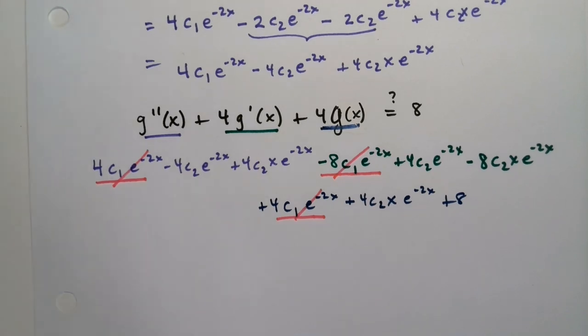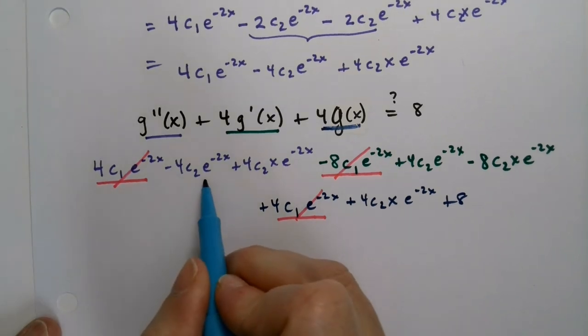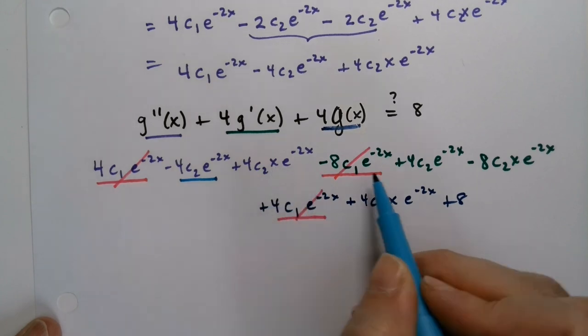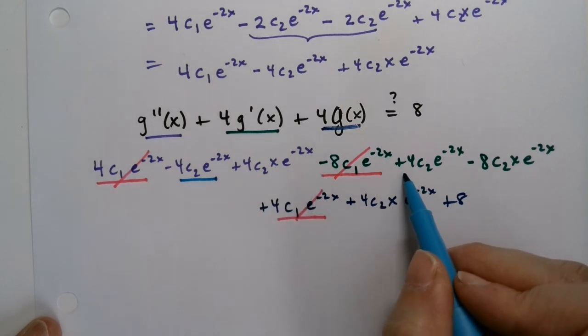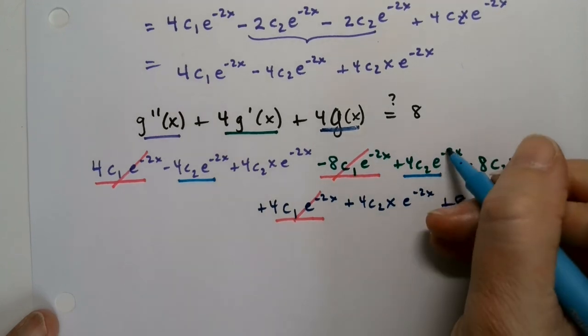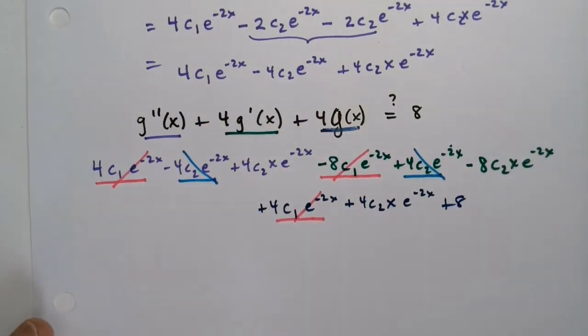Then I've got the minus 4c2 e to the negative 2x. That's not a like term because it has that x in it, so I have to skip that one over. Plus 4c2 e to the negative 2x. And minus 4 plus 4, those two are gone as well.